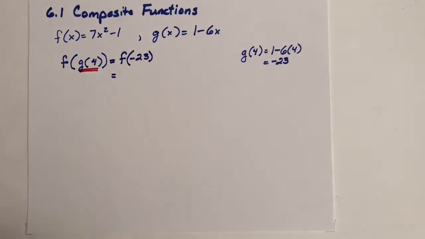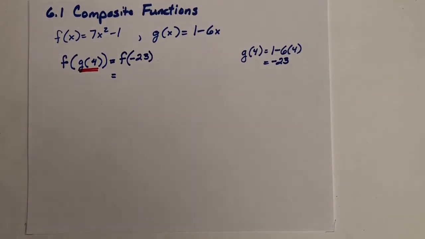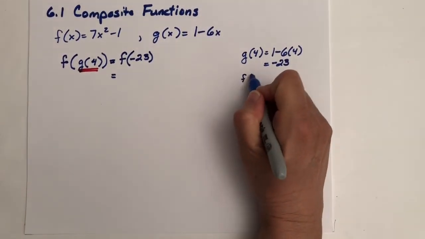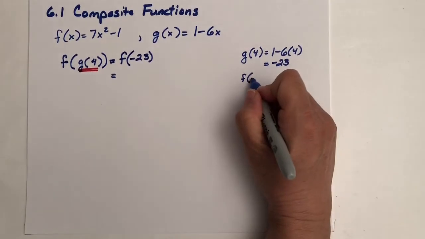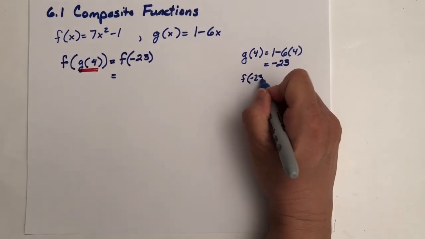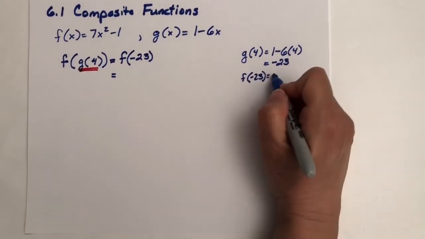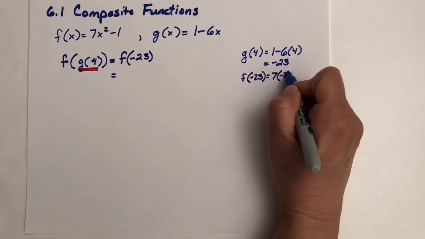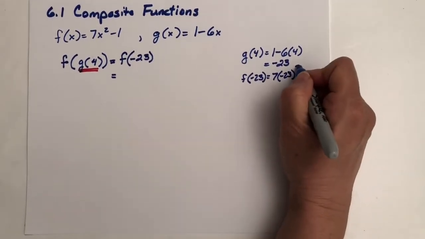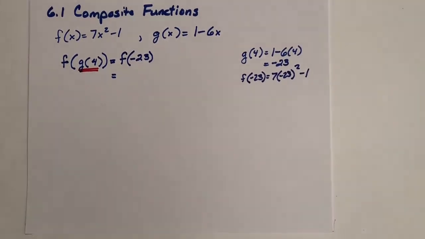Now we're substituting negative 23 into that first equation. Remember, when you make a substitution, I'm coming over here in my workspace, f of negative 23, you put negative 23 in, make sure you put it in parentheses, so you know it's going to become a positive value.